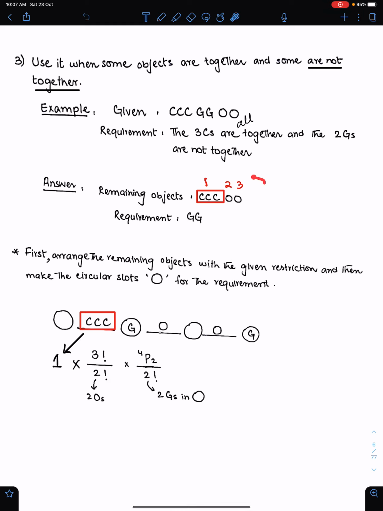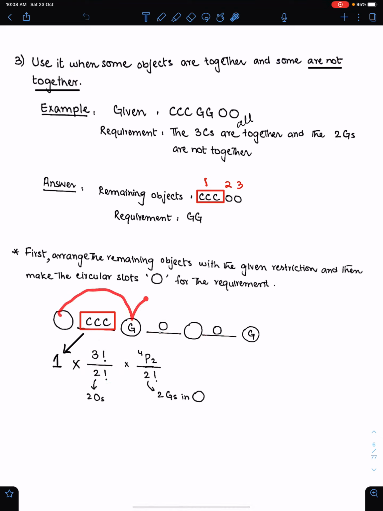So first arrange the remaining objects with the given restriction that all 3 C's are together. We make 3 spaces, 1, 2 and 3, and in one space we place the 3 colas as one object, along with the orange juices. So we have 3 remaining objects, so 3 factorial, and since the 2 orange juices are identical, we divide 3 factorial by 2 factorial.